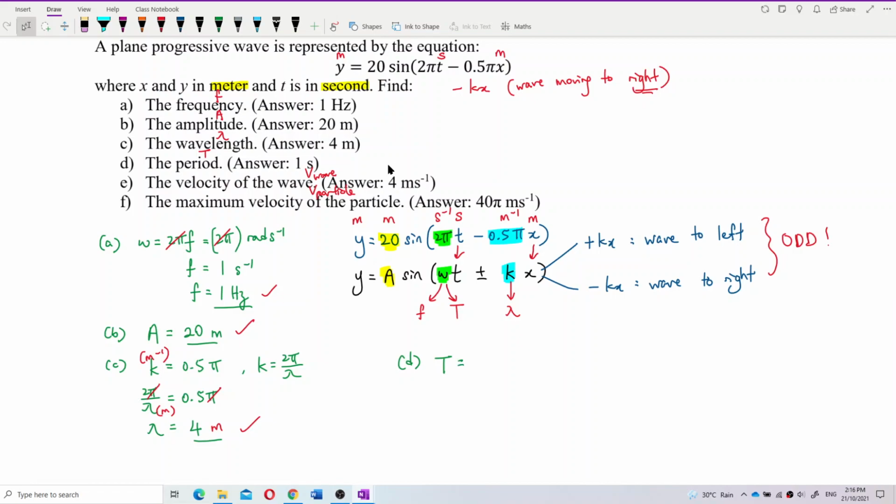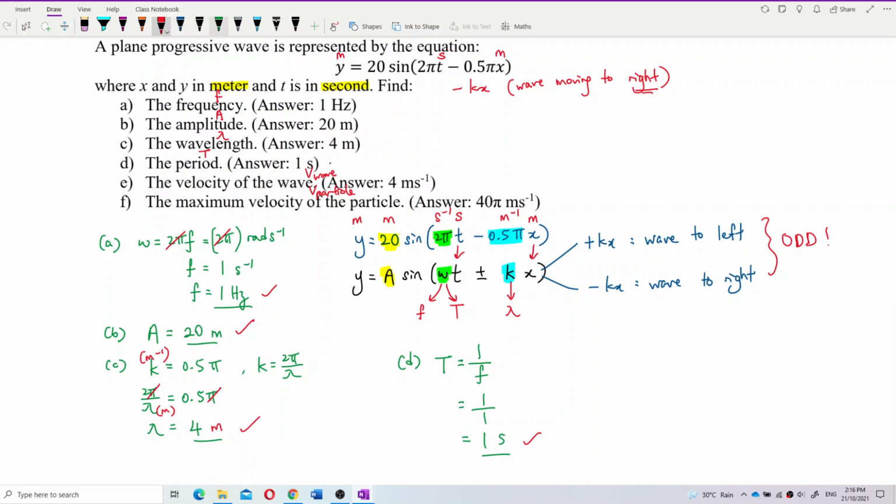Period is 1 over frequency. We already got our frequency, 1 hertz. So 1 over 1 is 1 second. Why is the period in second? Because your time is in second. So the answer is correct, 1 second.